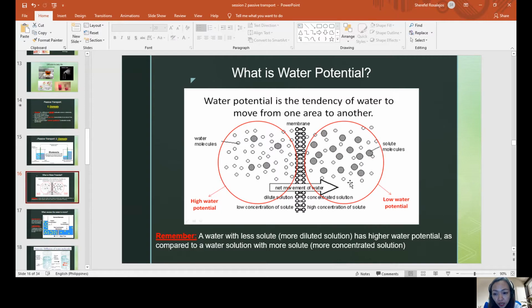In this other side, we say that it has low water potential. Why? Because the water in this area will not move to the other side. That is why it has low water potential. It will not move to the other side because there are plenty of water molecules compared to the solute.